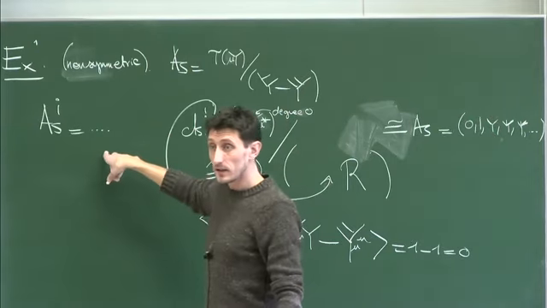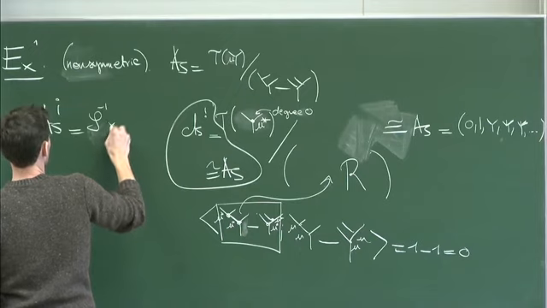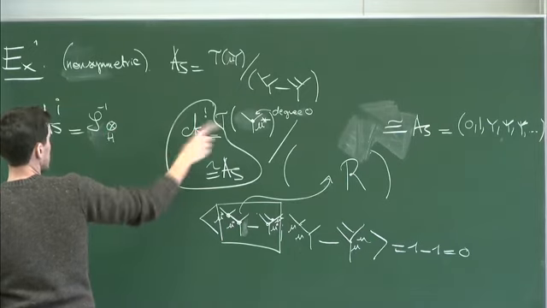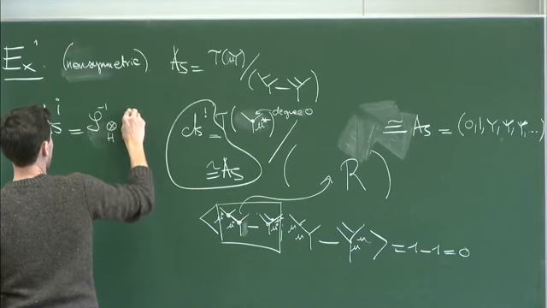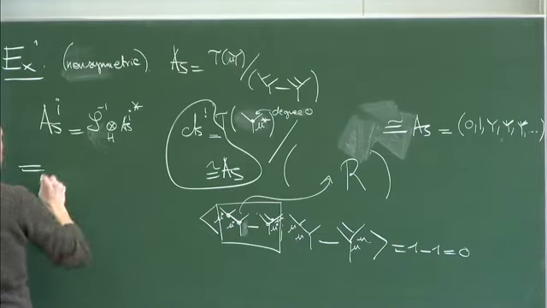Now we go back here and we take s minus 1 times this Koszul dual linear, so we are able to fully compute all these elements.